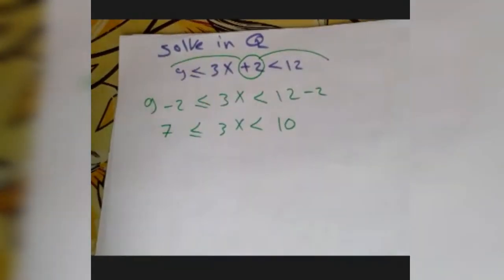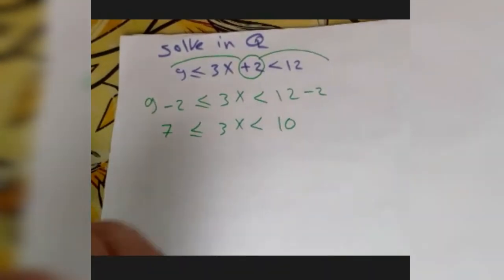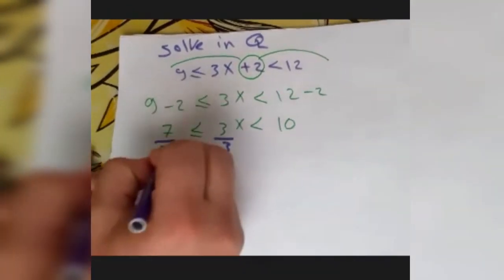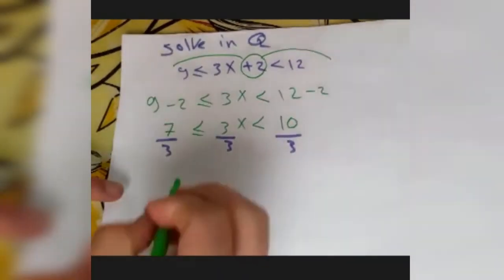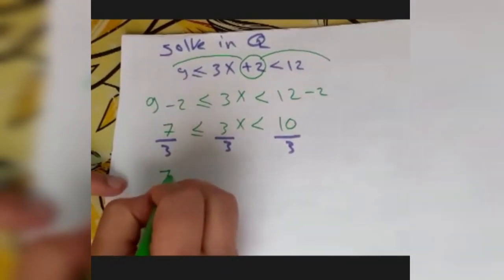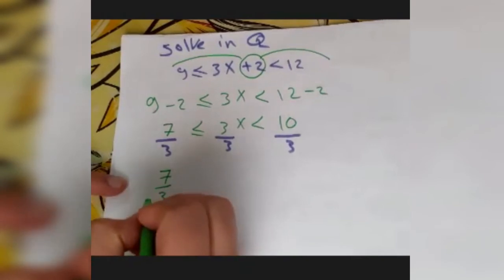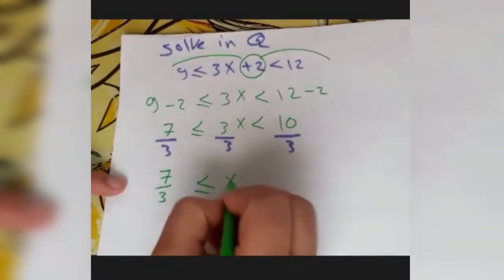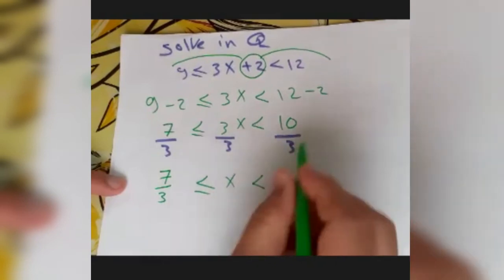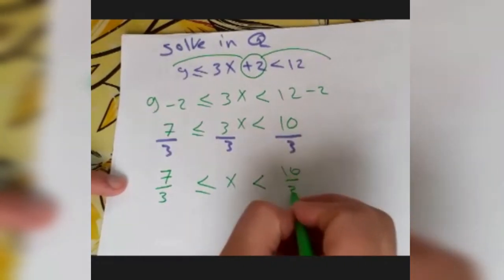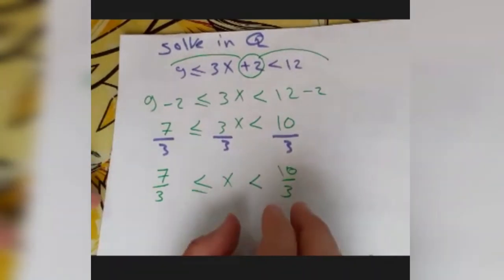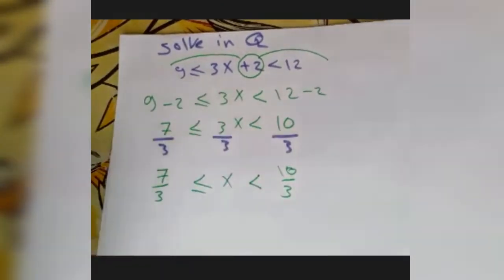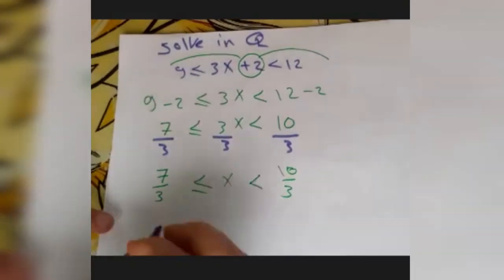The second step, divide by the coefficient of x. It means divide by 3 to all sides, left and right. So we write 7 over 3, x, 10 divided by 3. Now we have finished the solution. How can we write the SS?